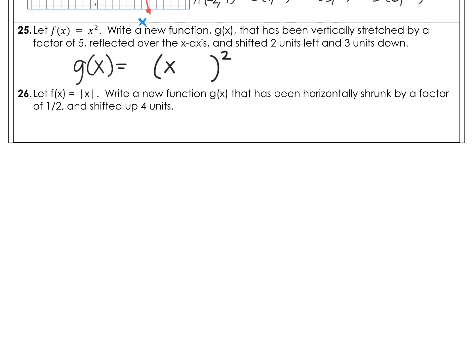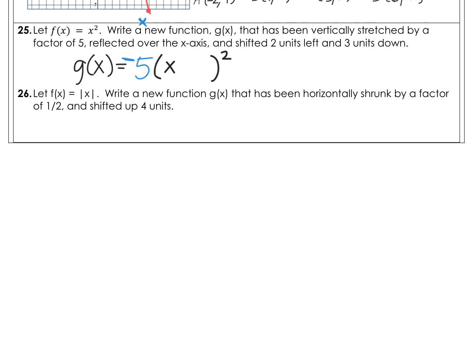Let's start with the stuff that's multiplication. It was vertically stretched by a factor of 5. Does that go inside or outside? So this is vertical. Outside. And you can cheat. It's not cheating. You're just looking at your resources. Outside. So the 5 goes here. Because vertical stretch. Stays the same when it's outside. Reflects over the x-axis. How do you make it reflect? A negative. And it's over the x-axis.